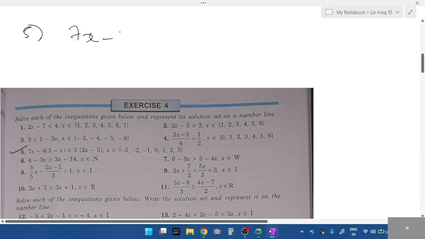Next, minus. Multiply 4 inside, students, along with minus.